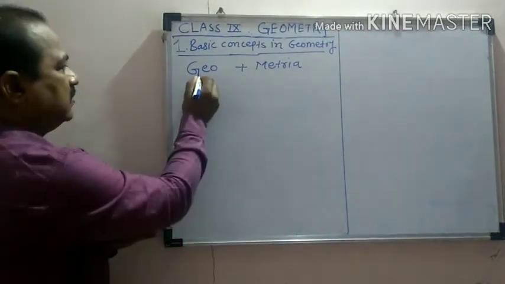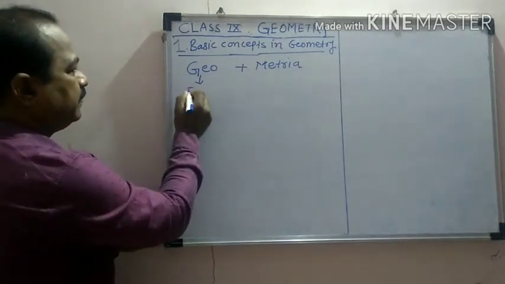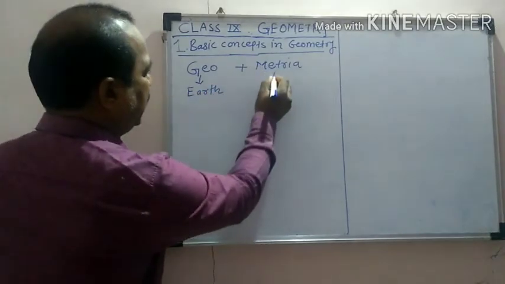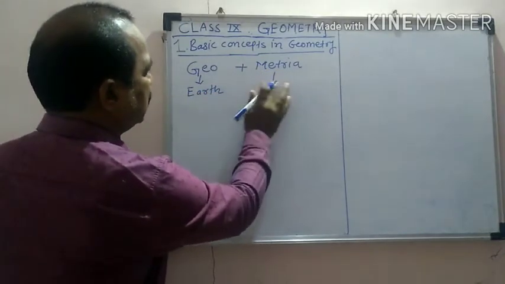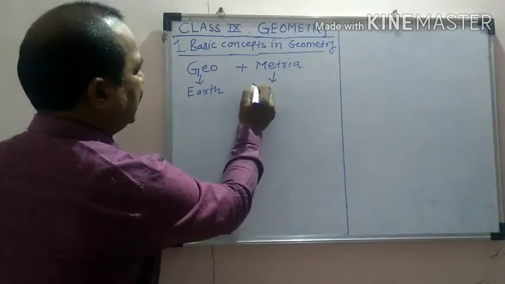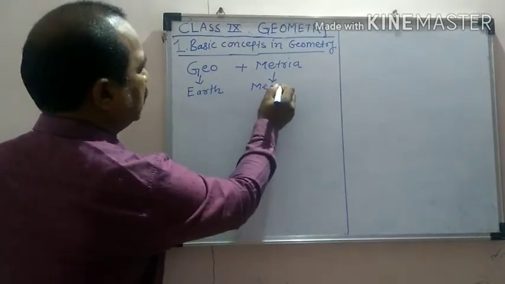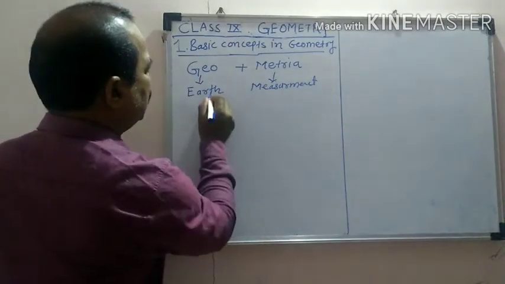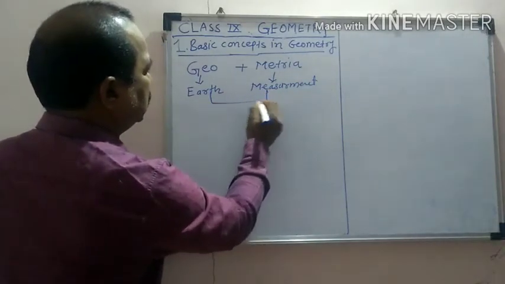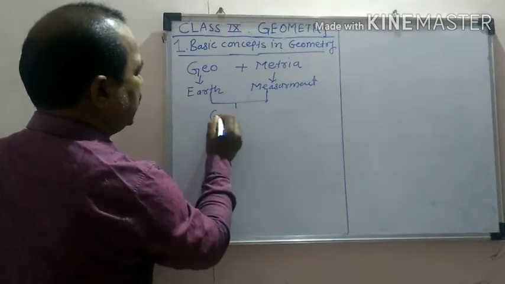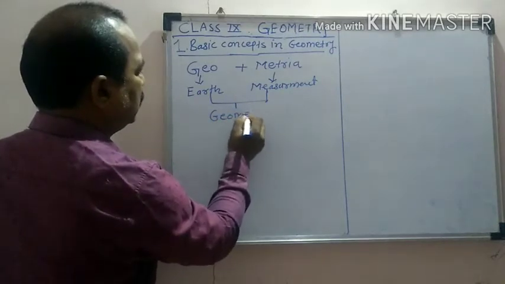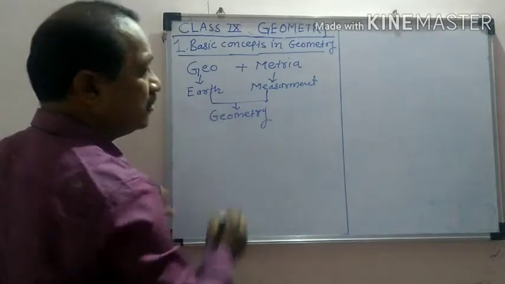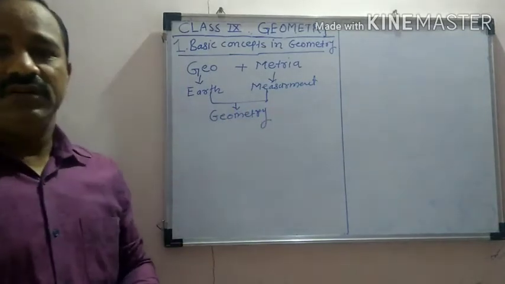Geo means earth and metria means measurement. From these two words the word geometry is derived. Geometry means what? Measurement of earth.